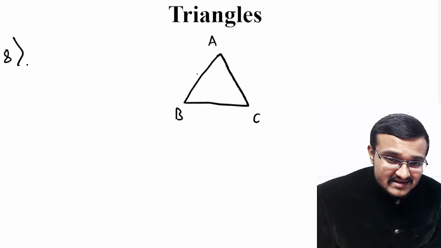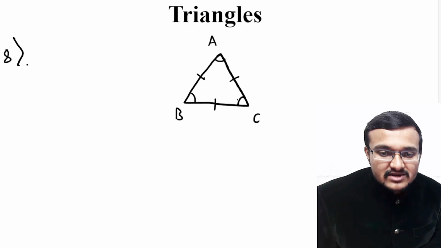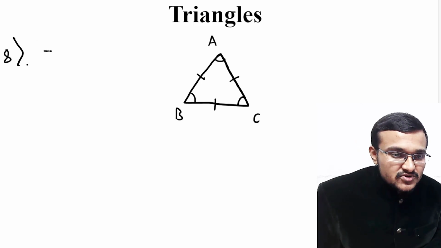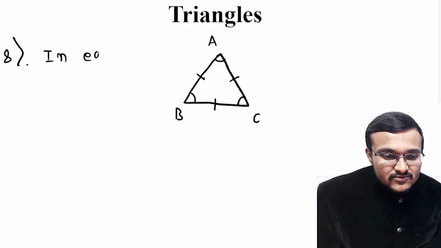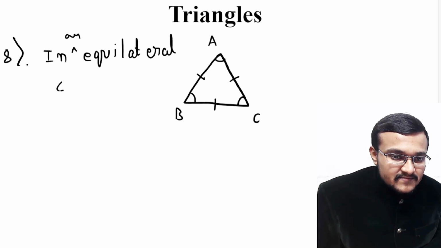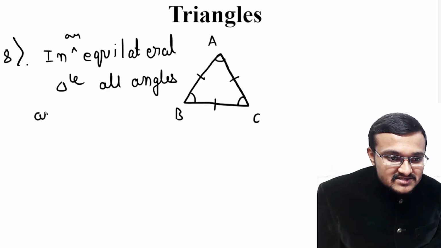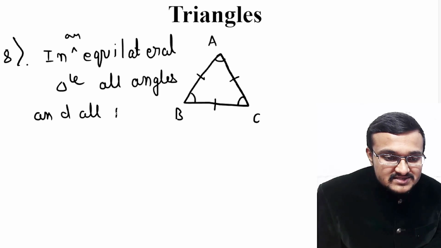In an equilateral triangle, all 3 sides will be equal to each other and all 3 angles will be equal to each other. So in an equilateral triangle, all angles and all sides are equal to each other.